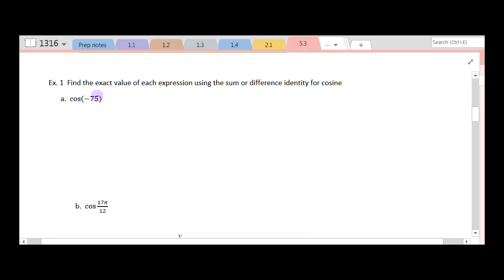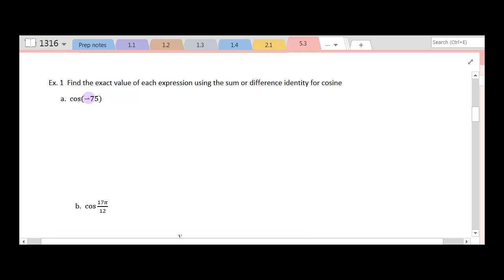When I look at this, I ask myself, is 75, or negative 75 even, a common angle that we know off of the unit circle that we've been memorizing? It's not. So how do I find the exact value of cosine? Well, we want to take two known angles that add to give me negative 75 and use them to find the answer.